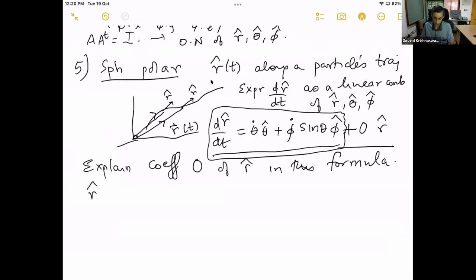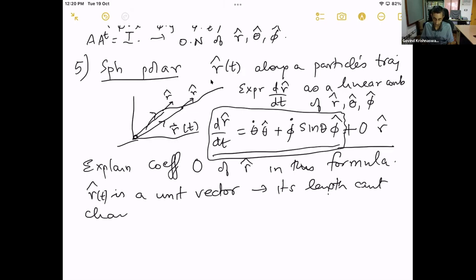The point is that r hat, of course, depends on time. r hat is a unit vector. No matter where you are, r hat is a unit vector, and therefore its length can't change with time. That means d by dt of r hat dot r hat must be what?